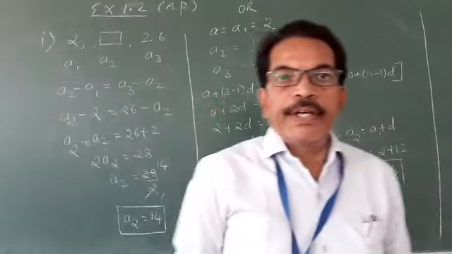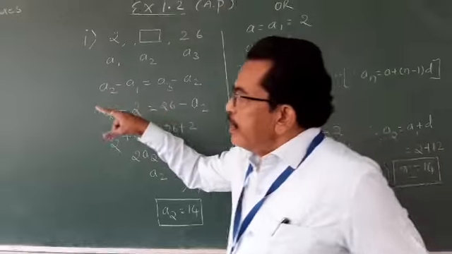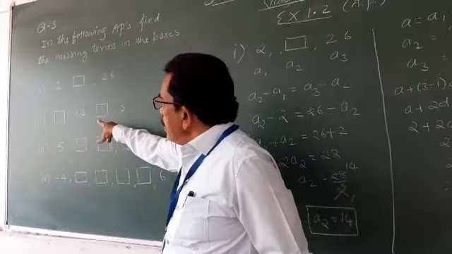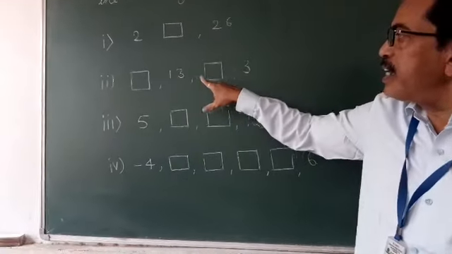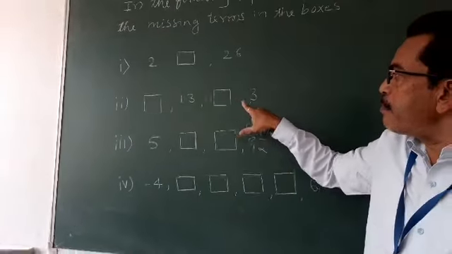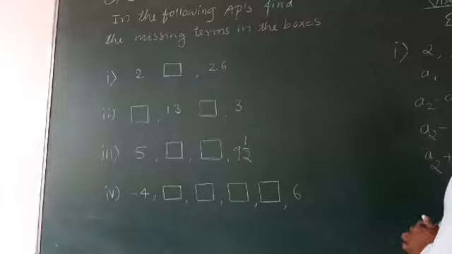See, the next one: the first term is a gap, the second is 13, the third term is a gap, then the next term is 3. So let us solve that one.